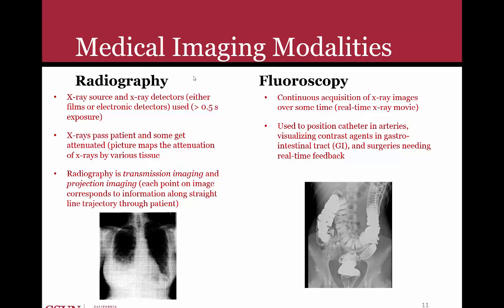So you're taking an X-ray machine and injecting the patient with, say, some dye that maybe has a relatively higher mass density than the other tissue, and so you're able to highlight different parts of the body. In this case, for instance, a contrast agent or dye is injected into the patient so that they can image the intestines of the patient.